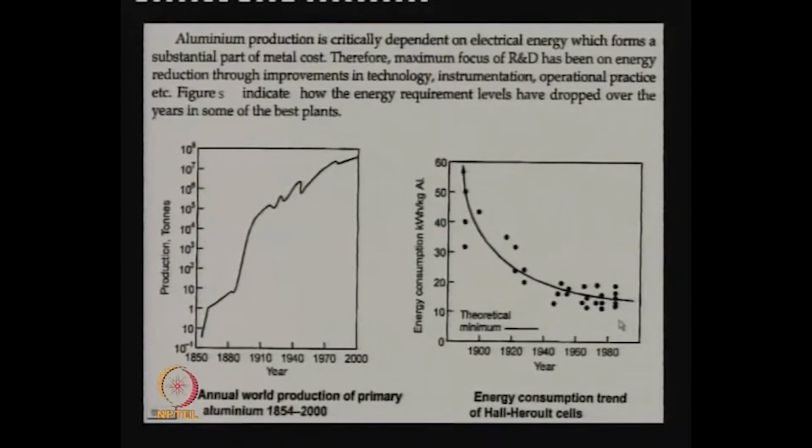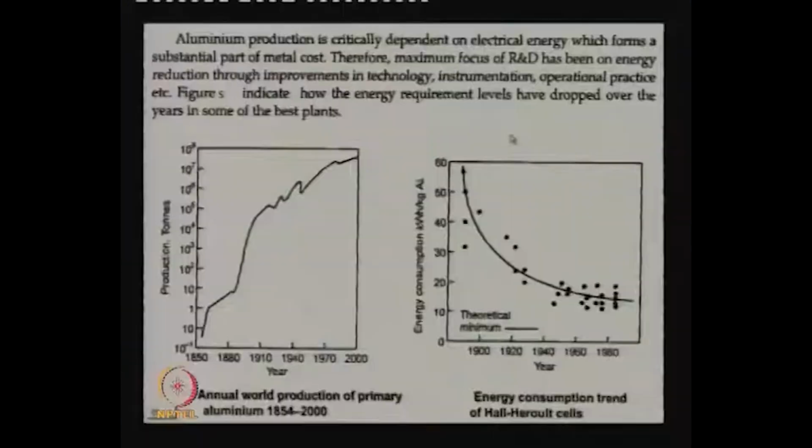The bath resistance gives heating. Therefore, you need in theory some energy to decompose Al2O3, and then you need some extra energy for heating of the bath. And that is why it is coming down to the minimum, which must be above the theoretical minimum that comes from looking at the free energy of formation.